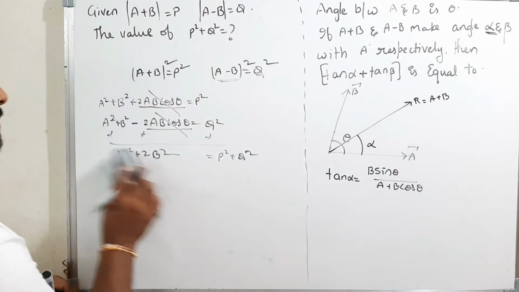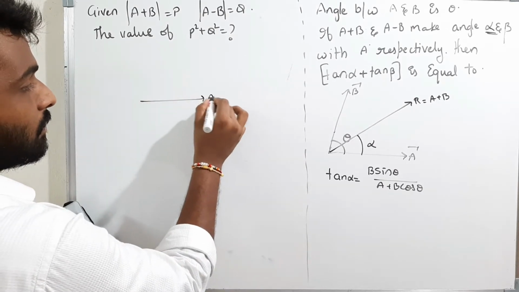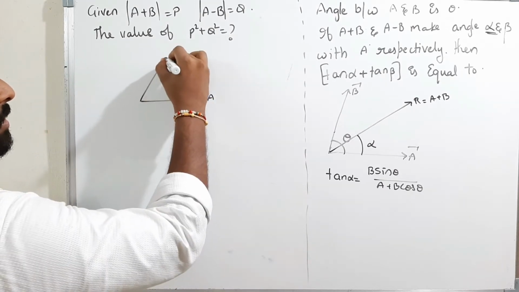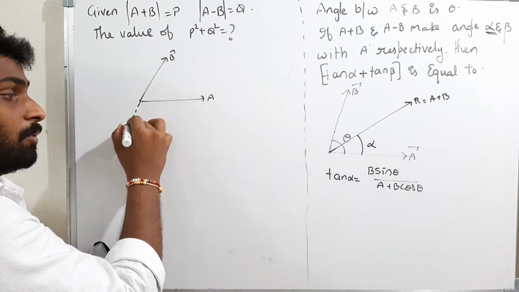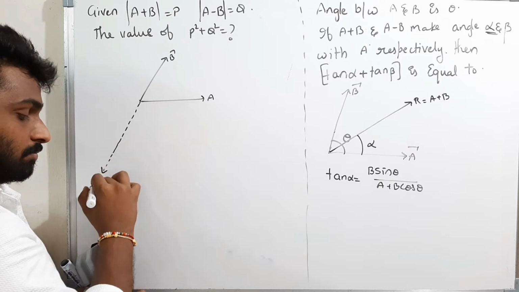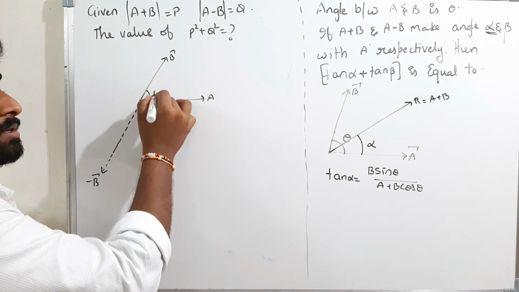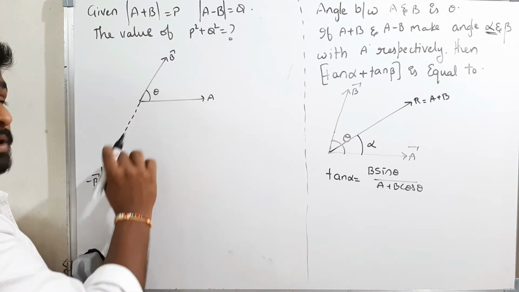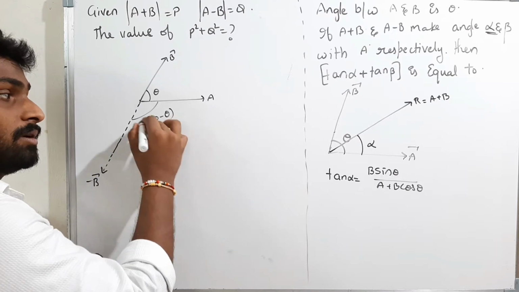What is the meaning of that? If this is A and this is B, what is the meaning of minus B? Minus B means exactly opposite. This is minus B. Now if the angle between A and B is theta, what is the angle between A and minus B? The angle between A and minus B is 180 minus theta.